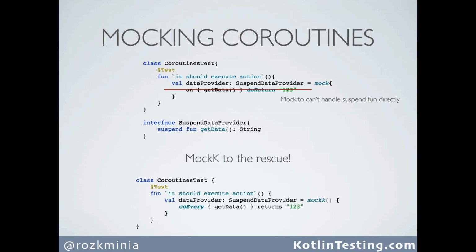With MockK, we just write coEvery from coroutines, and create stubbing in a similar way to how we would do with Mockito, but coroutines are supported. I believe we will have another talk about MockK at this event, so you should see that talk if you want details about MockK.